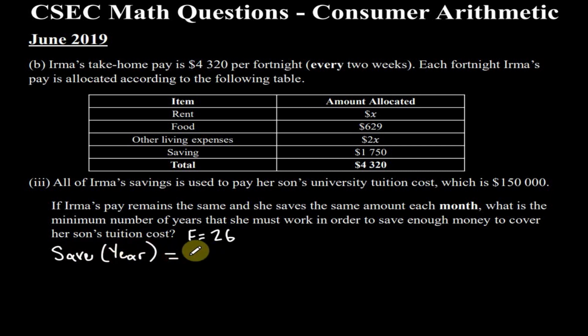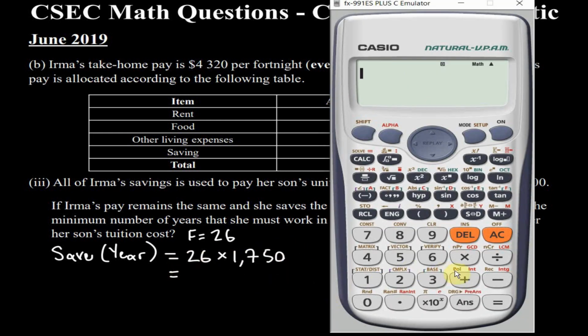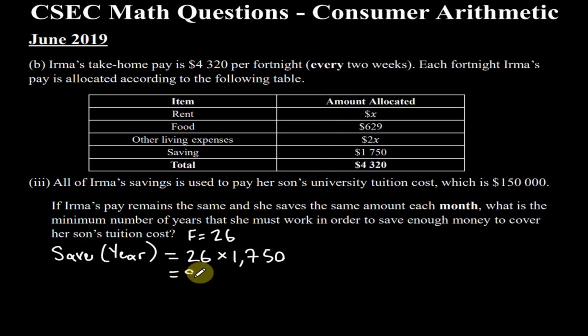So it will be 26 times 1,750, which is equal to $45,500. Right, so that is what she'll save for the year.